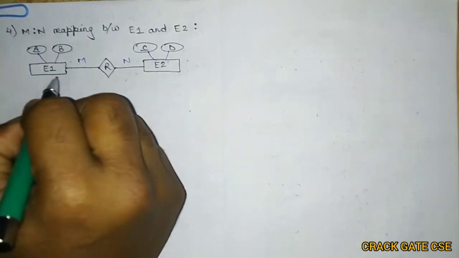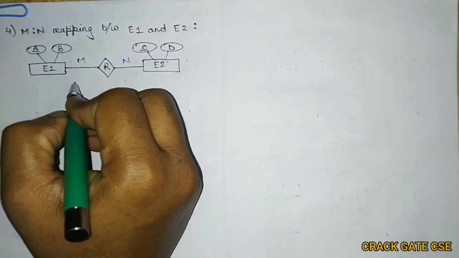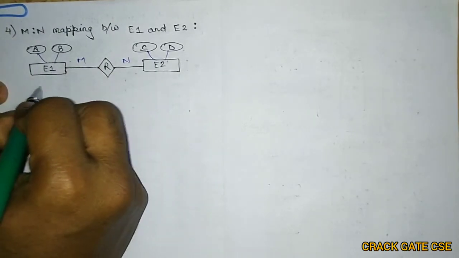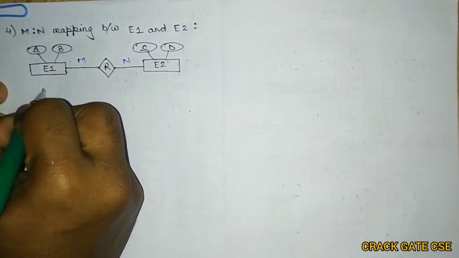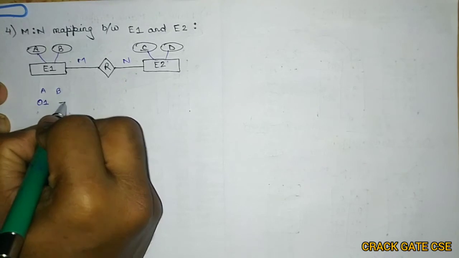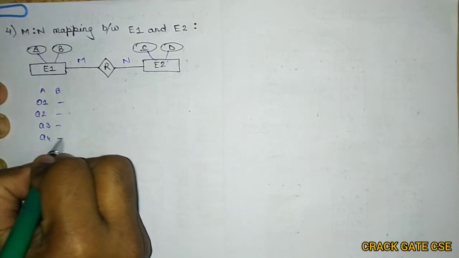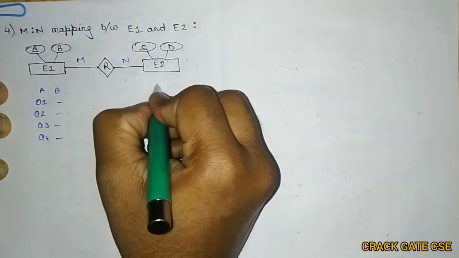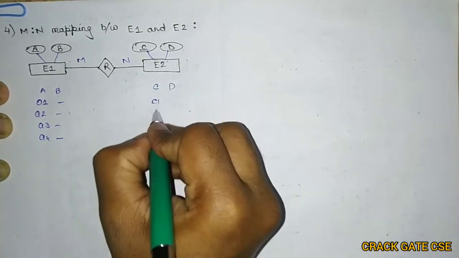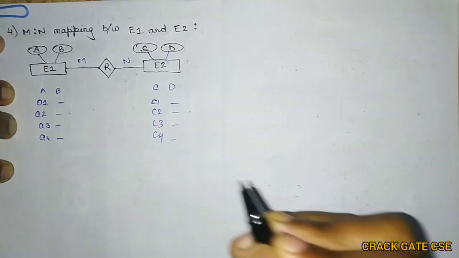And there is single line, that means this is partial participation. And here you can see that if I am having values for a and b as a1, a2, a3 and a4, and here I am having some values of cd as c1, c2, c3, c4.